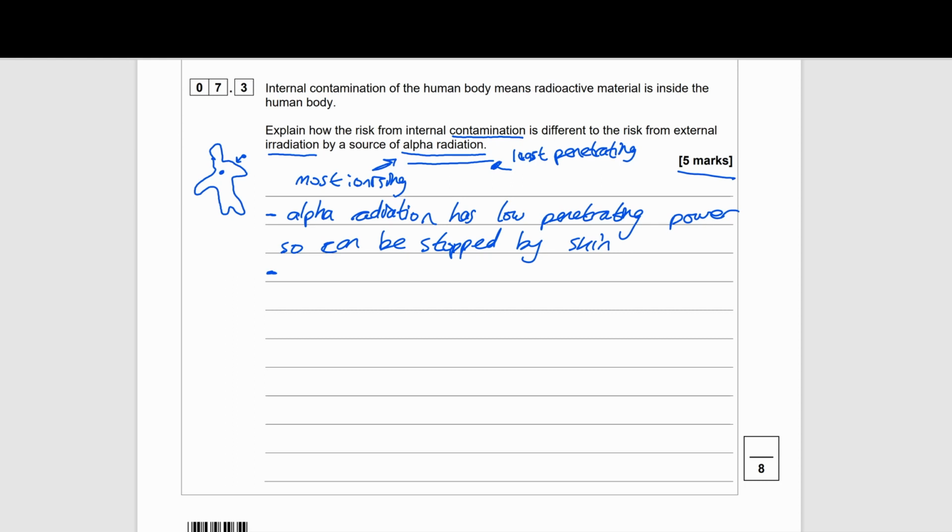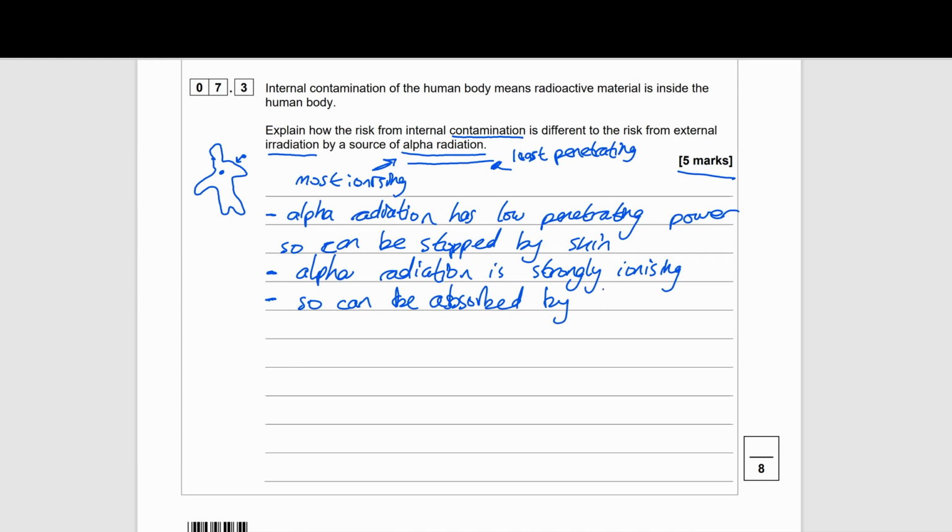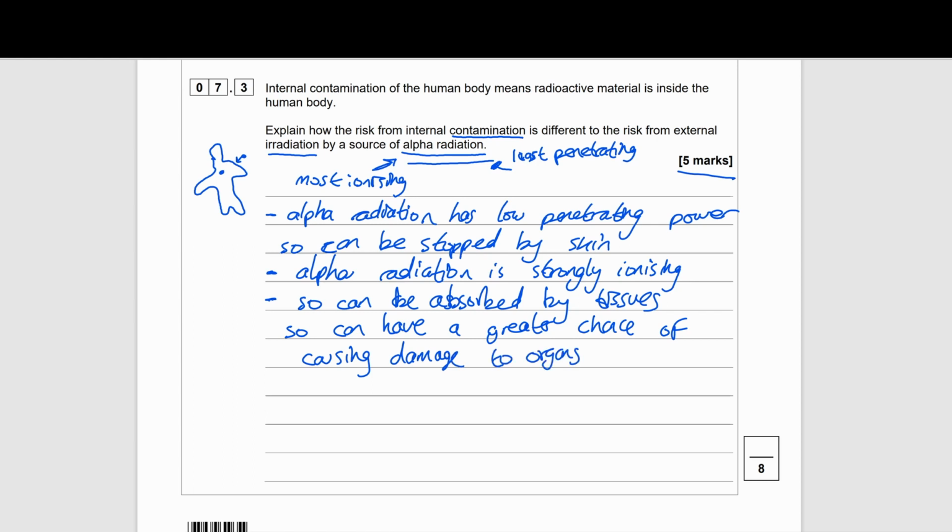Well, the problem, as we said already, is the other property of alpha radiation is that it's most, or strongly, ionizing. So then what does that mean now? Well, if the alpha radiation is within our body, that means it can easily get absorbed by our tissue or organs. And then the problem with that then is it will have a greater chance of causing us some damage. Now, why does it have a greater chance of causing damage to organs?